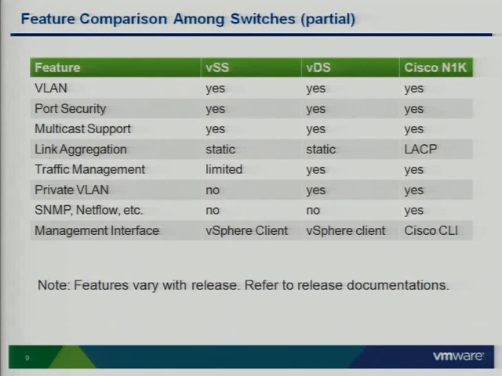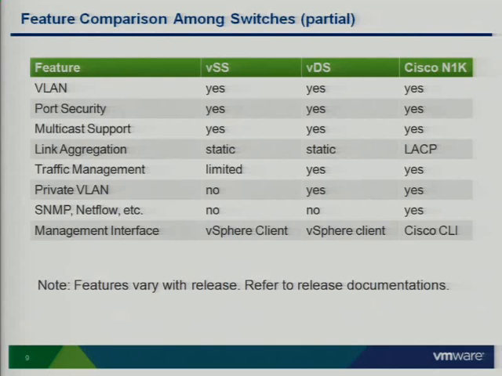Whereas a Cisco switch supports LACP, which is a dynamic form of link aggregation. In addition, the Cisco switch also supports SNMP, NetFlow, and other features that are typically available in the physical switch. But VSS and VDS currently do not have such support.